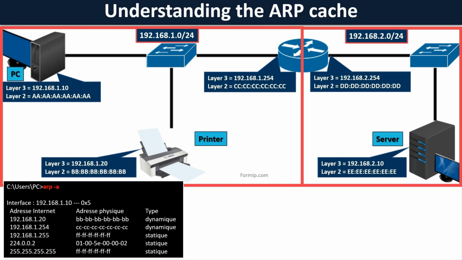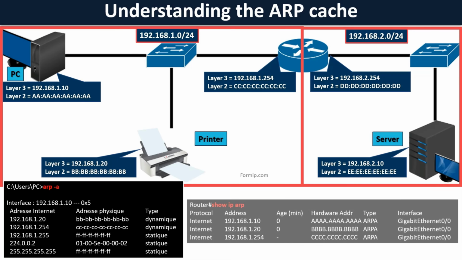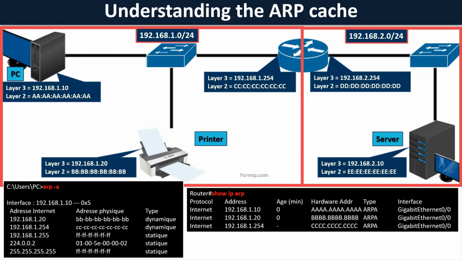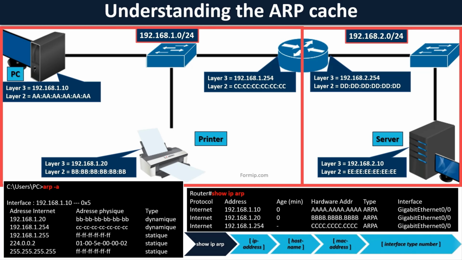If no device responds to an ARP query, then the packet will be deleted, because an entry in the table cannot be created without the destination MAC address. And to display the ARP table on a router, you have to use the show ip arp command. It is even possible to limit the output with options like IP address, host name, MAC address, or interface type.